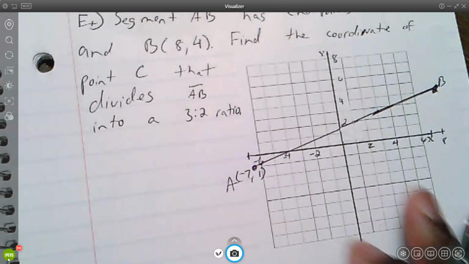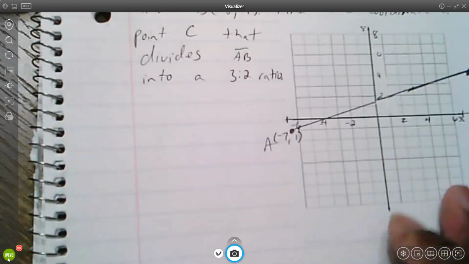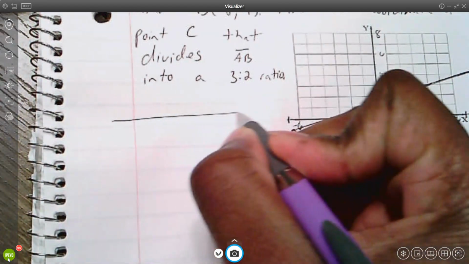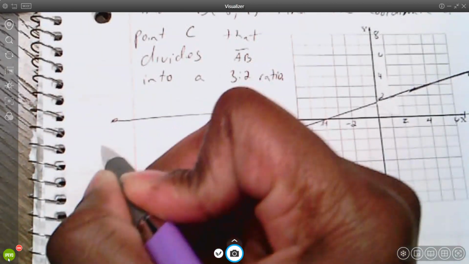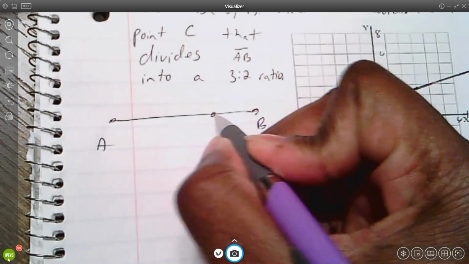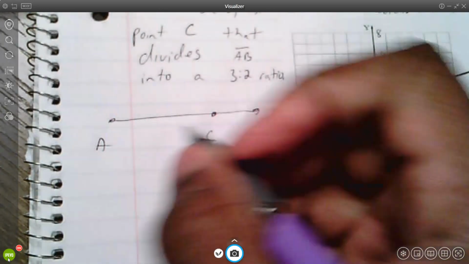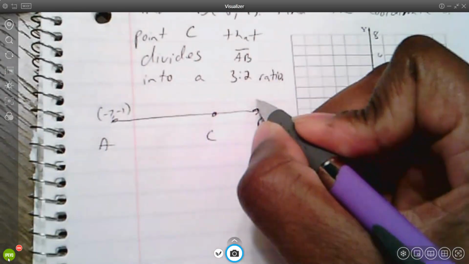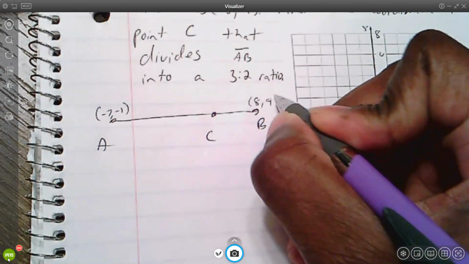So I'm going to redraw it down here. You can draw a line. We'll call this point A, this point B, and I'm going to put C right there. I know the coordinate for A is (-7, -1) and the point B is (8, 4).